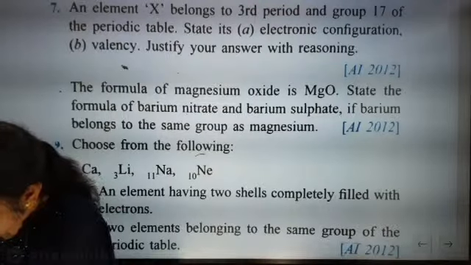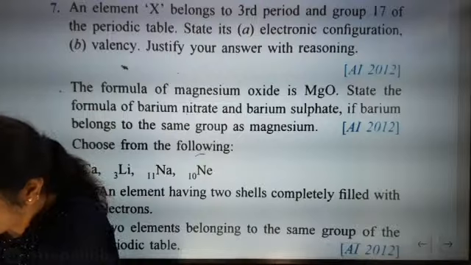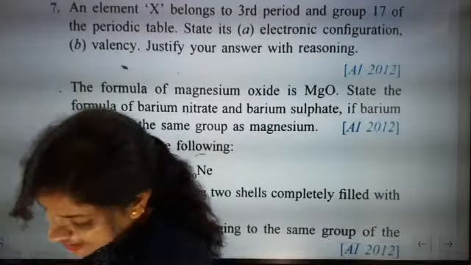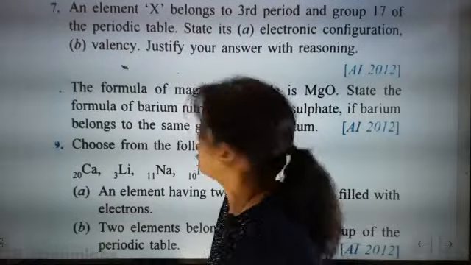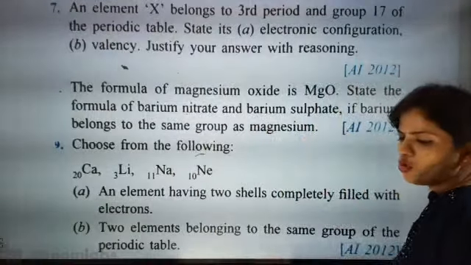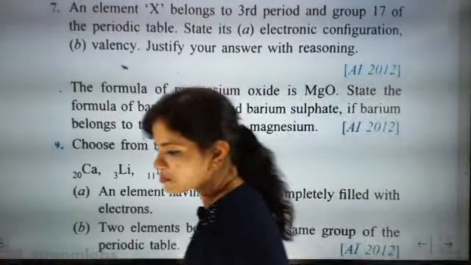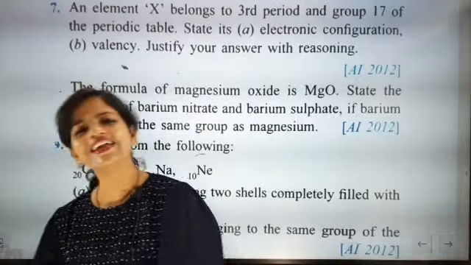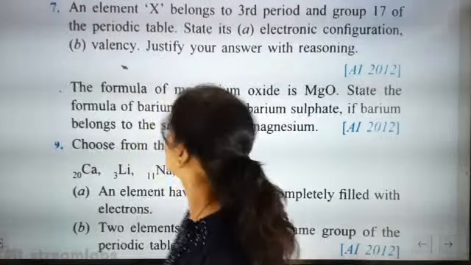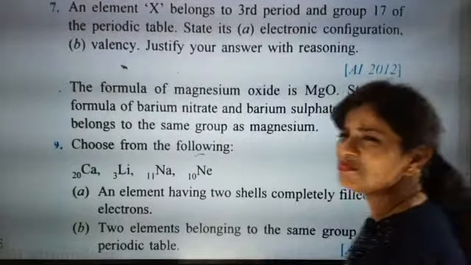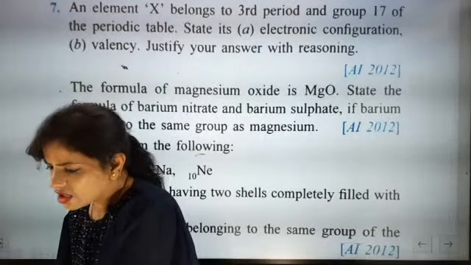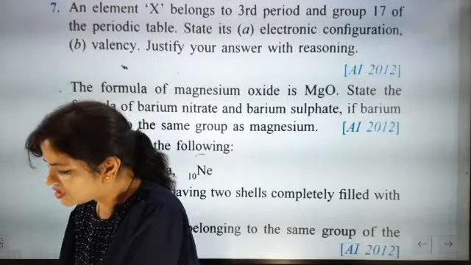BaNO3 for barium nitrate, and barium sulfate, anyone can write. Barium, not bromine. Yaar, don't write bromine. You wrote Br. Everyone is writing Br. Did they ask Br?